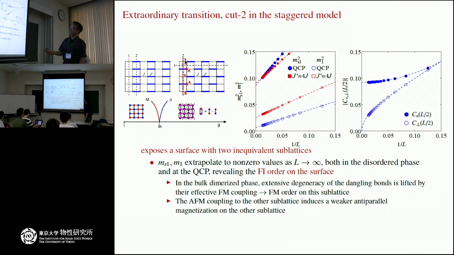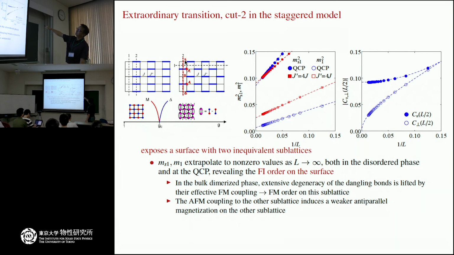But the bond between A and B is still antiferromagnetic. So in the B sublattice, we have weaker anti-parallel magnetization. In the end, at this boundary surface, we have a ferrimagnetic order in this case.